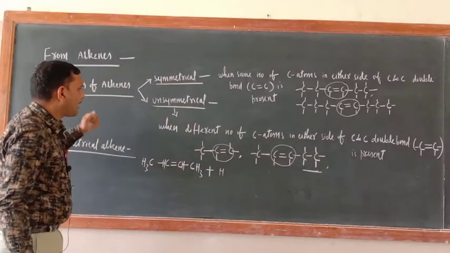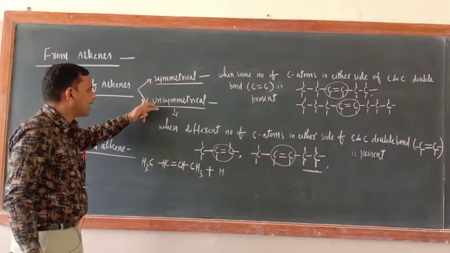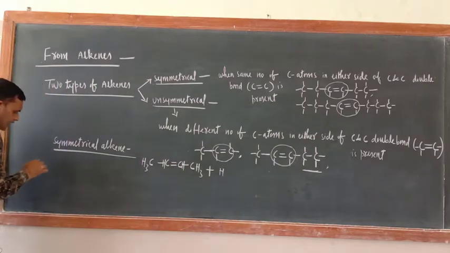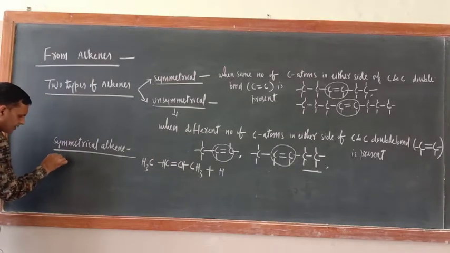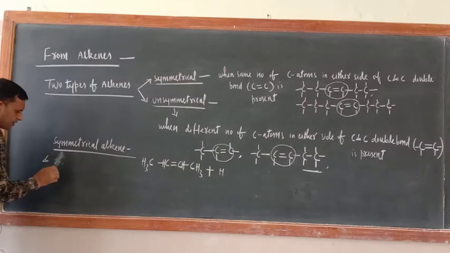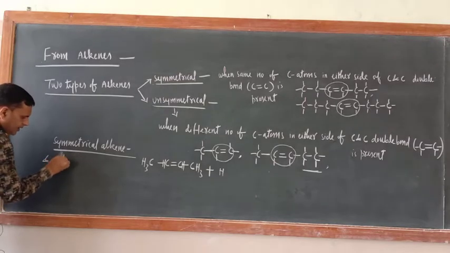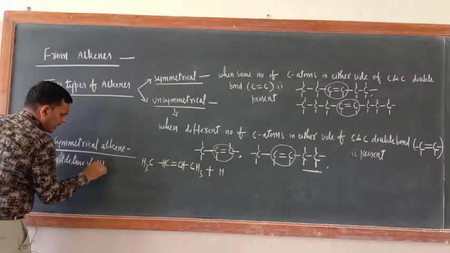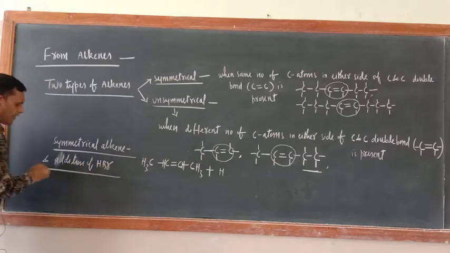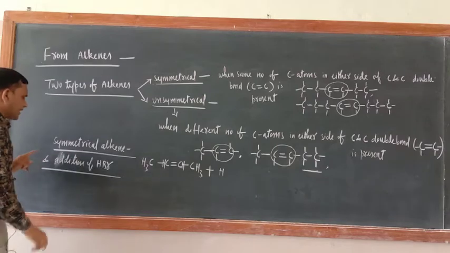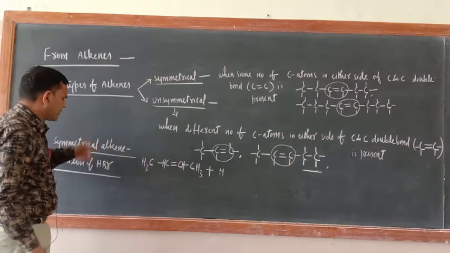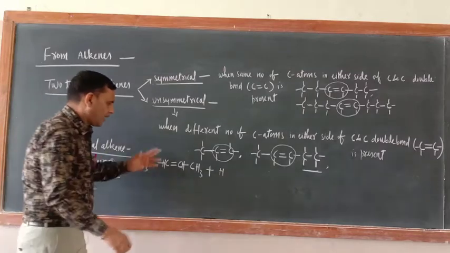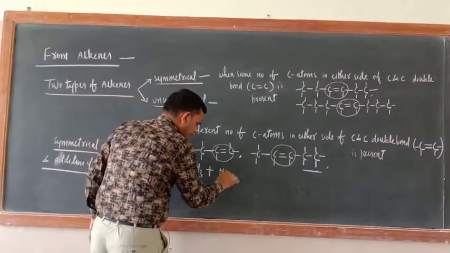Addition of hydrogen halide on symmetrical alkene, and addition of HBr. You can take hydrogen halide HX. So now suppose I am taking HX here.